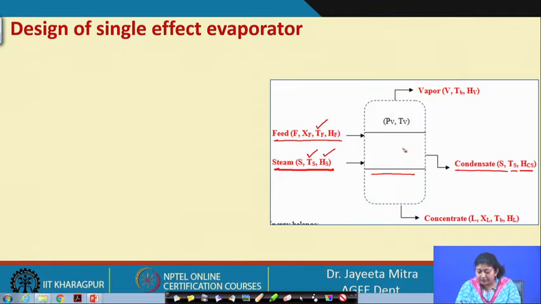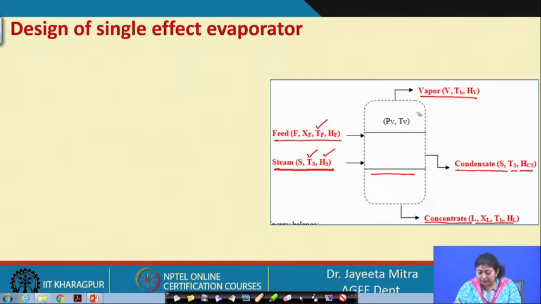Because this is a dilute solution, maybe milk or fruit juices etc., water will be evaporated from here and concentrated juice will come out from the bottom. So, that feed will separate into two streams, one is the concentrate and another is the vapor that is coming out.